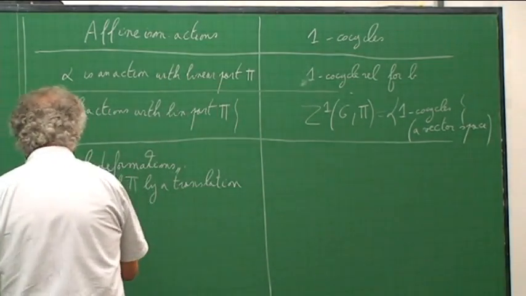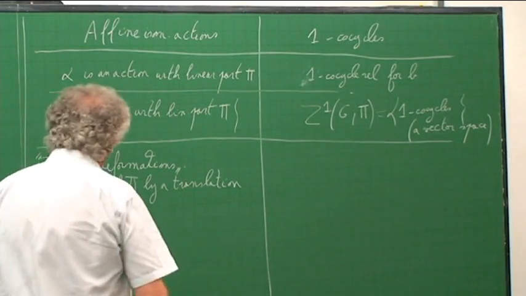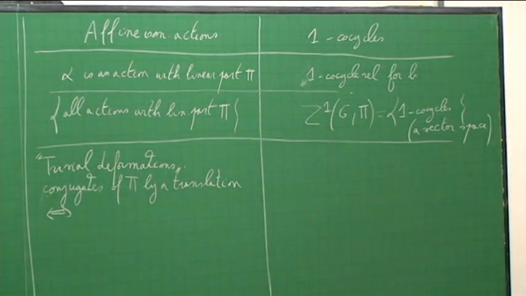And if you think a little bit about that, this corresponds to affine isometric actions with linear part pi, which have a fixed point.